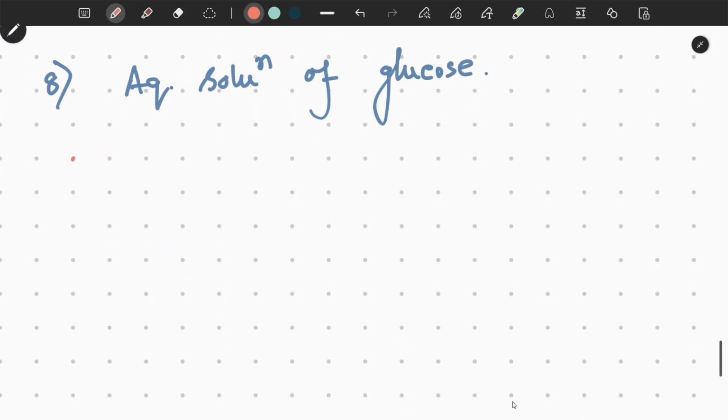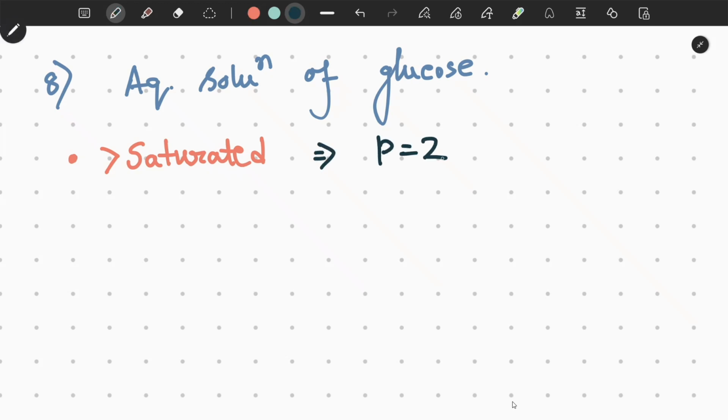First case, that glucose will not dissociate, that I mentioned. Let's say it is saturated, more than saturated. Then phase will be two. Components: how many components are there?